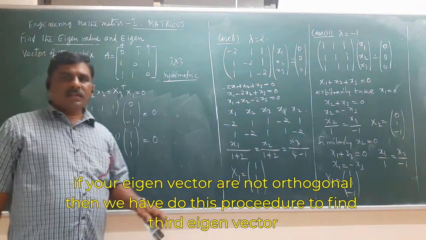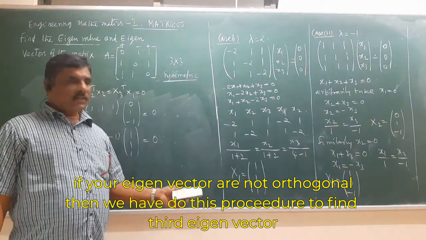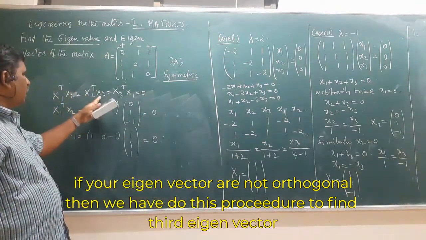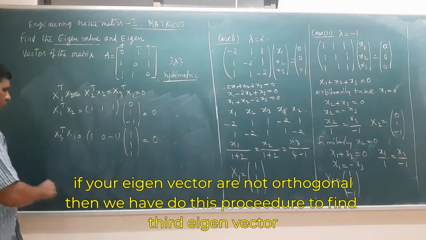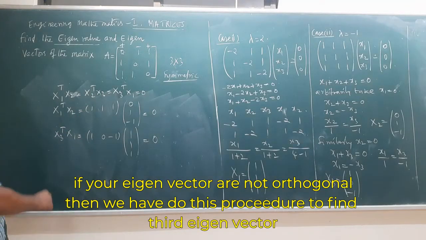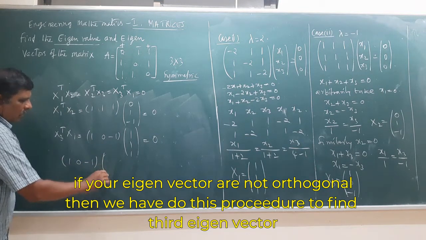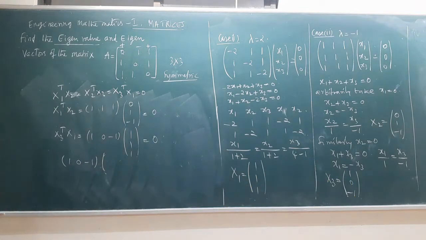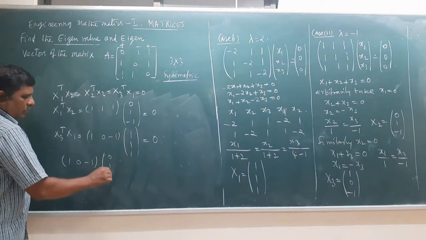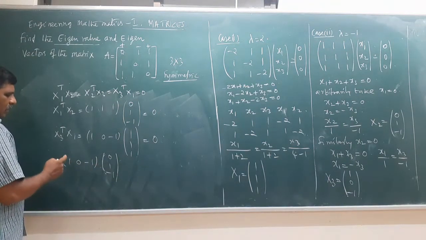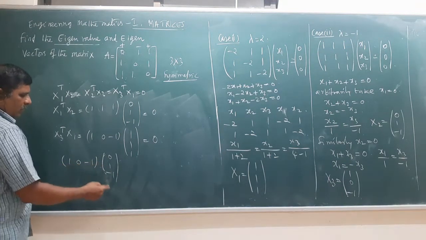Now for the third condition, x2 transpose x3. What is x2 transpose x3? 1, 0, minus 1 with 0, 1, minus 1. Solving that: 0, 0, plus 1.